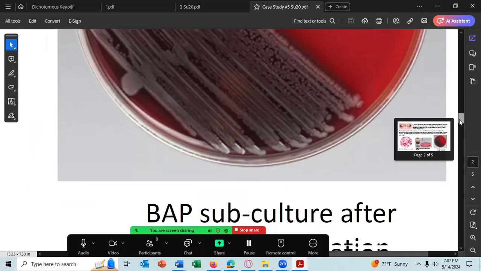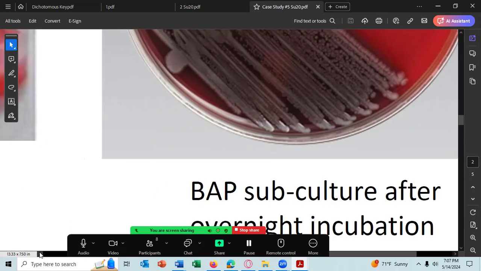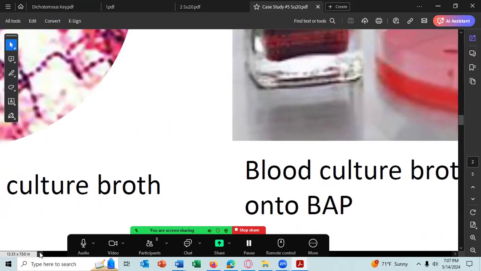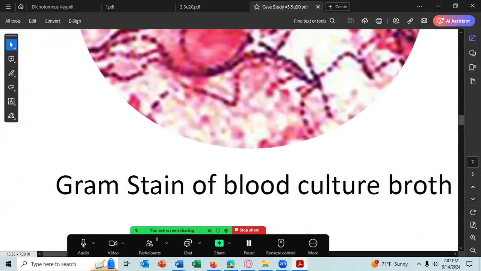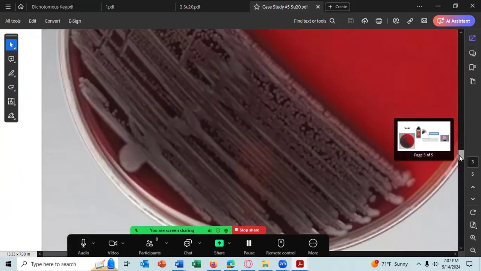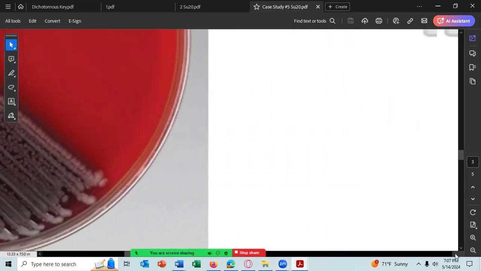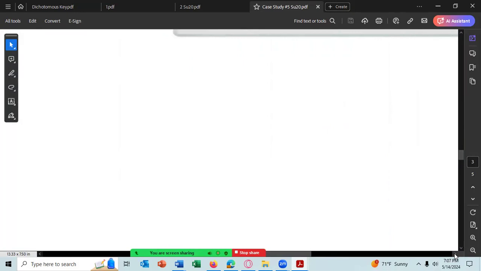Oops, went too far. Let's go on over here and go back to here. They then took the bacteria from here and, let me shrink this down now.